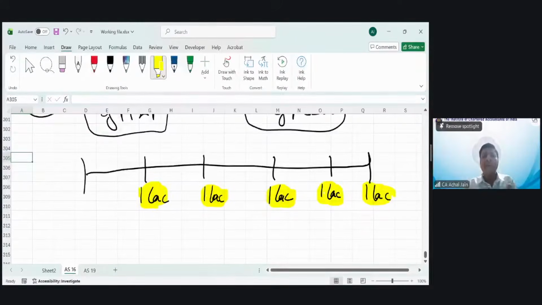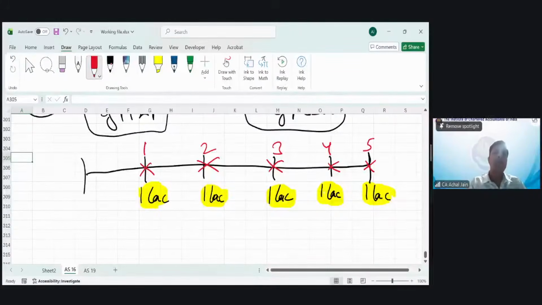Now, these are the future payments, correct? All of these are future payments, at the end of the first year, second year, third year, fourth year, fifth year.